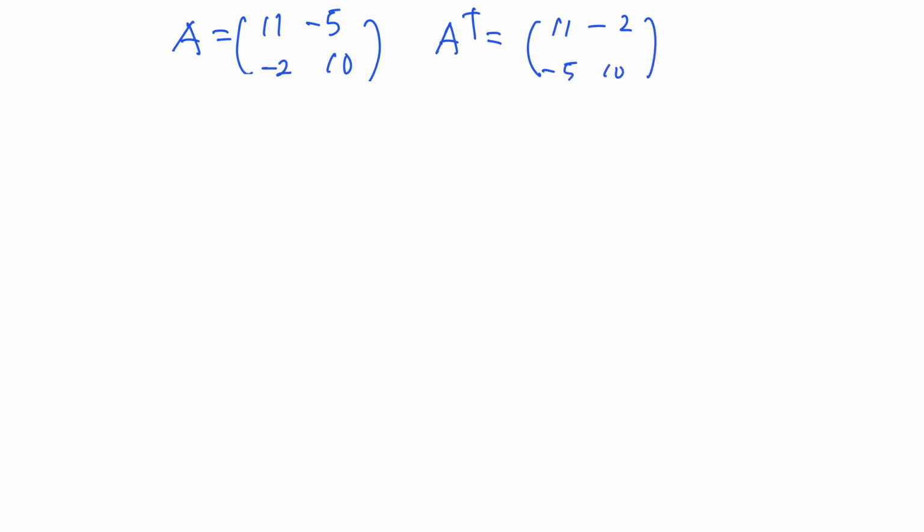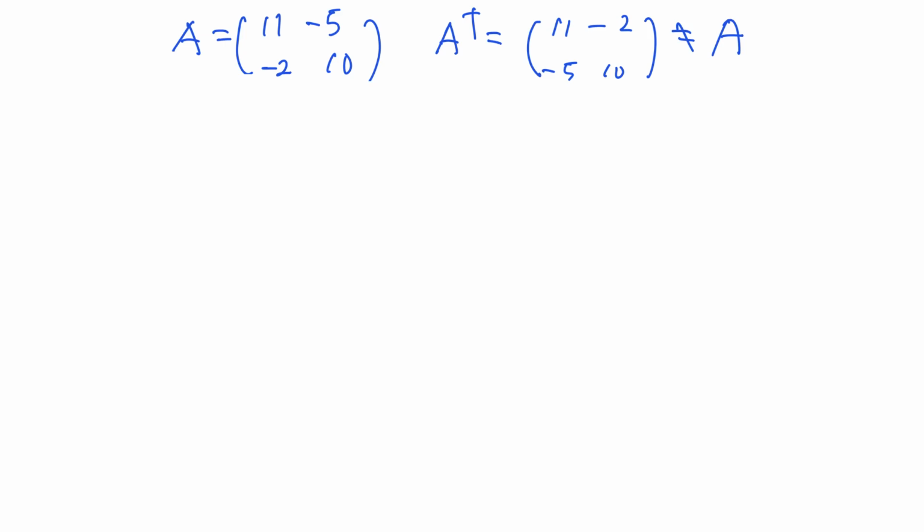But when, say, matrix A is (11, minus 5; minus 2, 10), A dagger is (11, minus 2; minus 5, 10), which is not A, right?